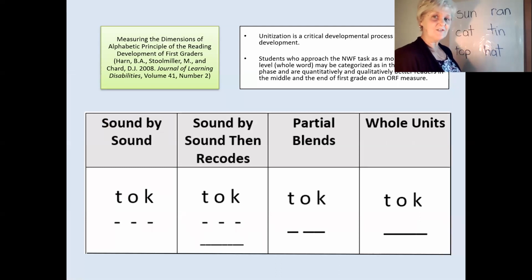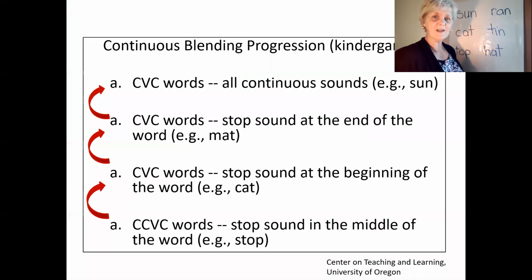We as teachers, when we are working on the blending routine, want to be sure that we are moving through the sounds and we don't stop in between sounds. And we say to the students, don't stop in between sounds. Here we go, we're going to hook these sounds together. Ready? Blend.